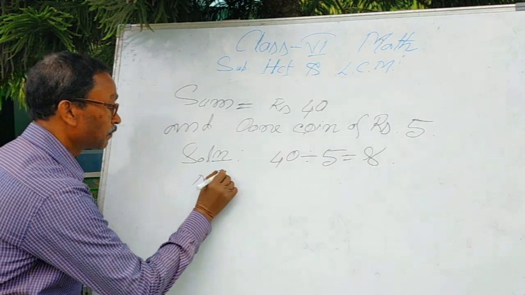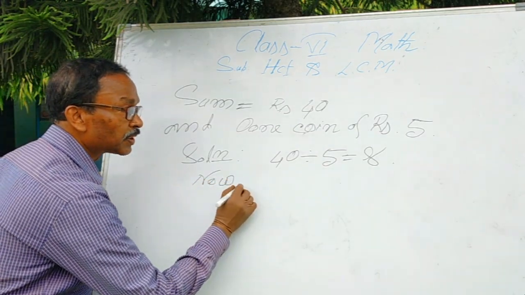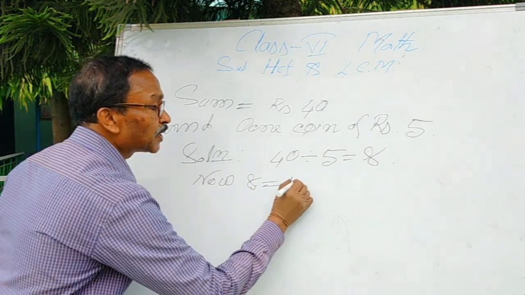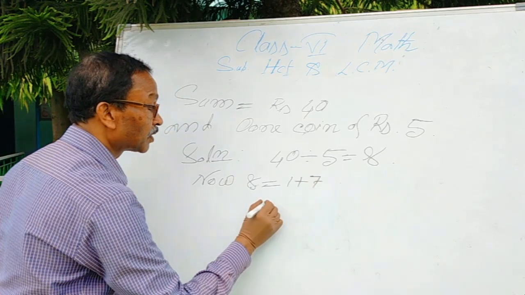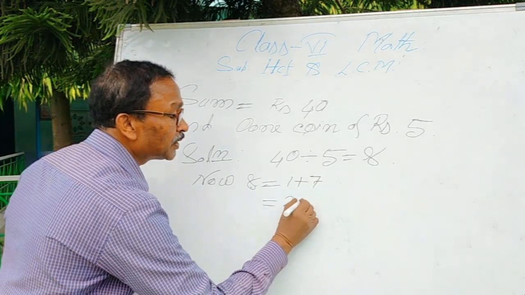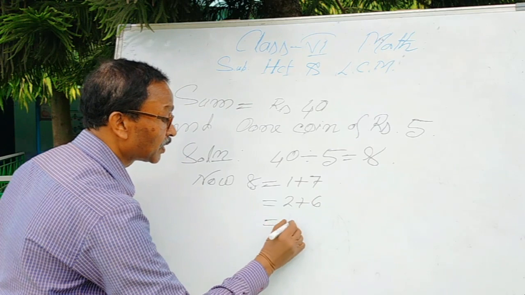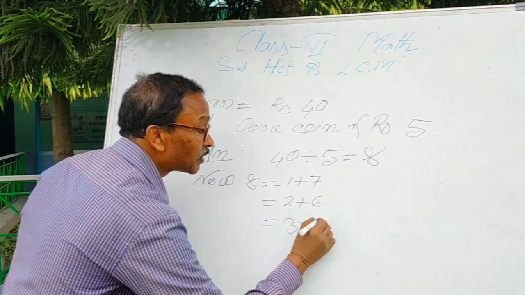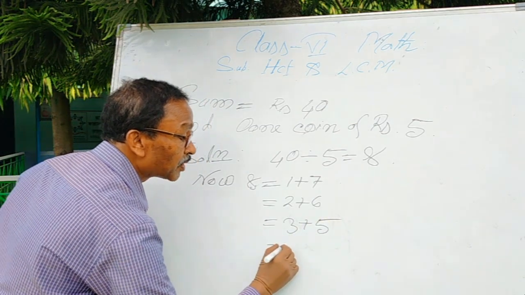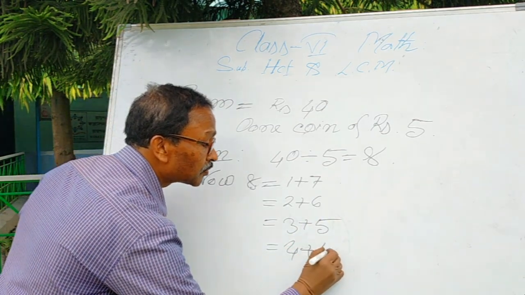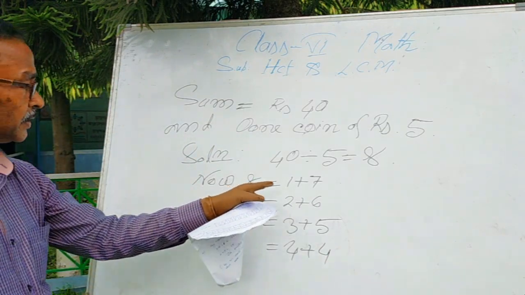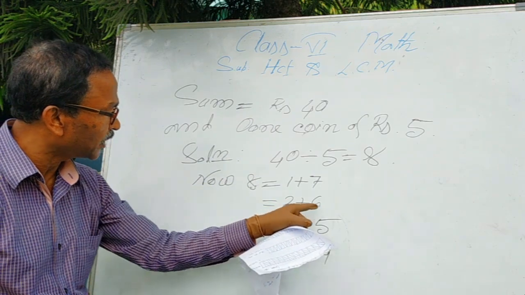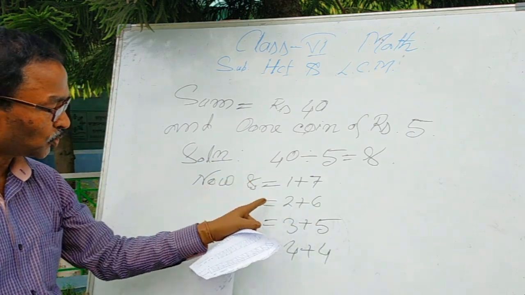Now 8, we take 1 plus 7, 2 plus 6, 3 plus 5, 4 plus 4. That is 7 plus 1 also 8, 2 plus 6 also 8, and so on.